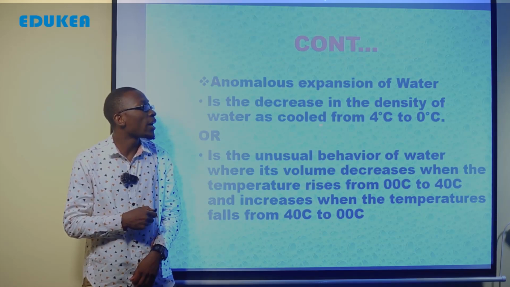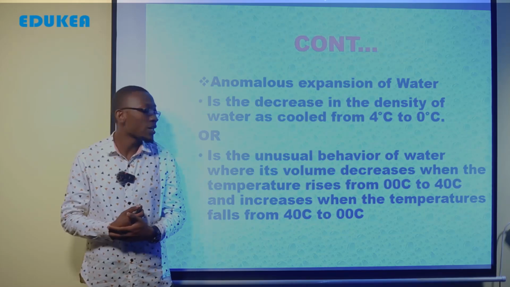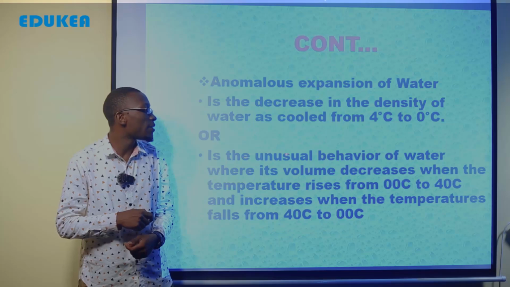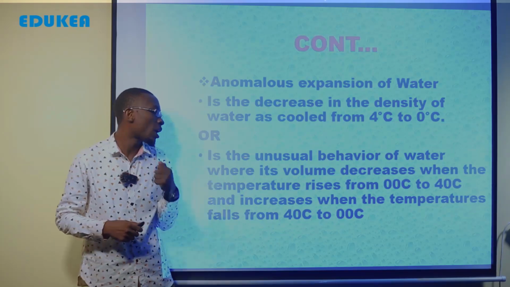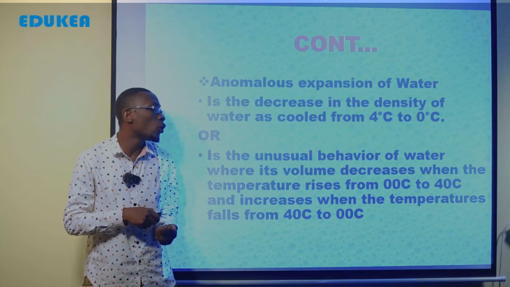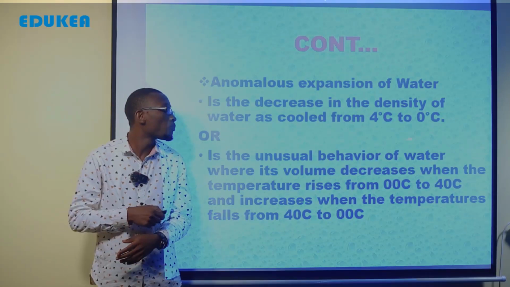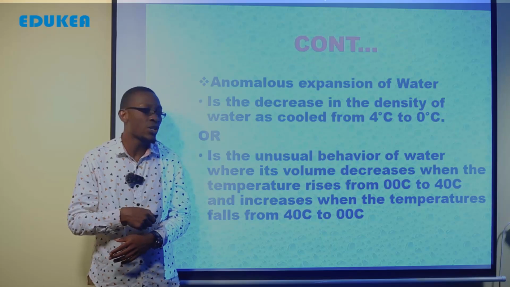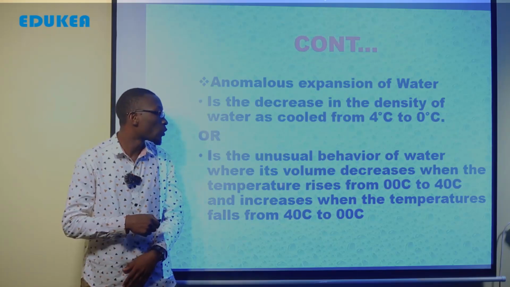Or we say it is the unusual behavior of water, the behavior which is not normal for water, where its volume tends to decrease when the temperature rises from 0 degrees Celsius to 4 degrees Celsius, and not 40.